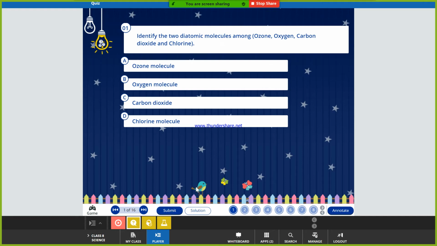Dinesh, Babu, you try. Once again, I repeat the question. Identify the two diatomic molecules among ozone, oxygen, carbon dioxide, and chlorine.